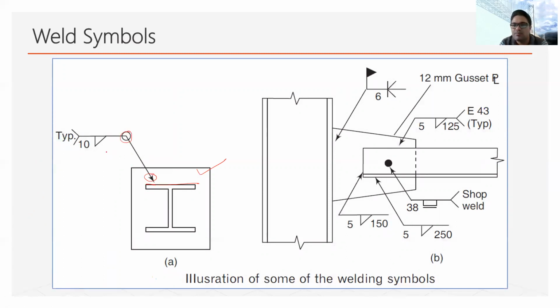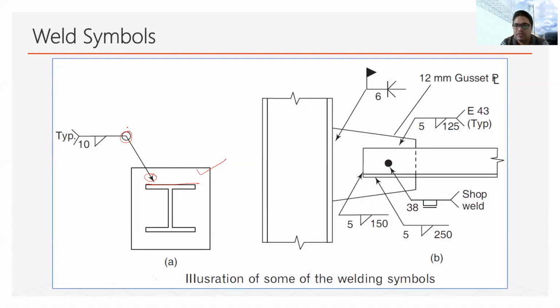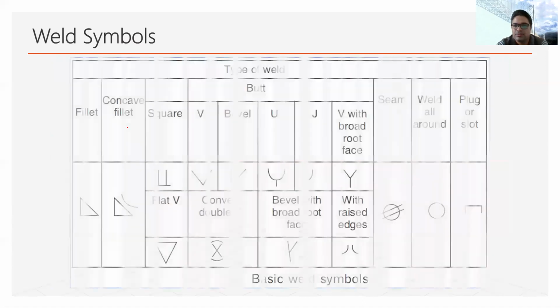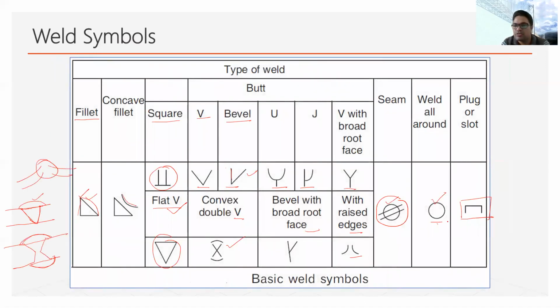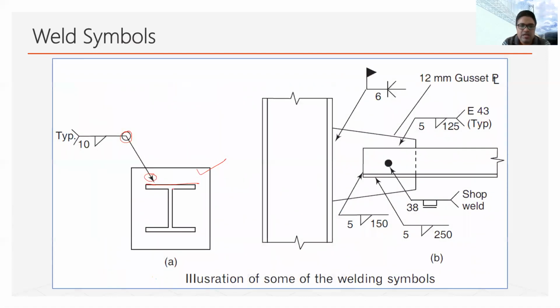We have seen in the previous slide that a circle means all around. So there we can see it shows weld all around. So if with the arrow there is a circle, then it means welding should be around this face, all around.